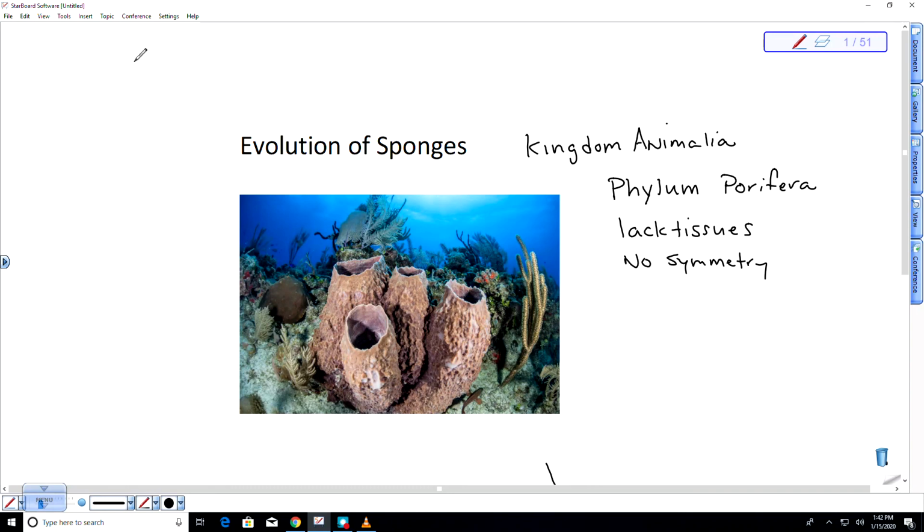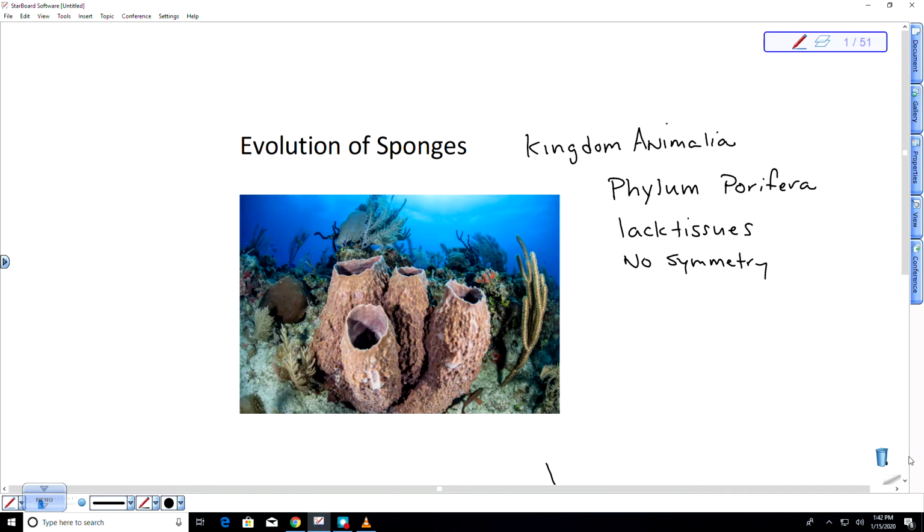You could cut them in planes, but there would not be two identical halves. Some of them can get to be very big, like those big barrel sponges that you could actually crawl inside. There are also freshwater versions of sponges, although most species are marine.